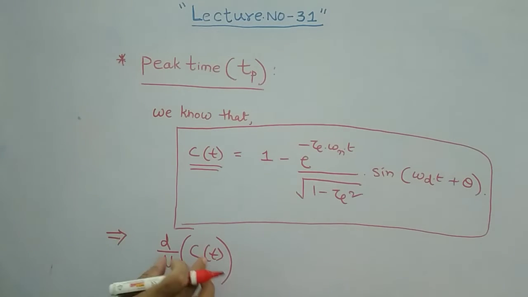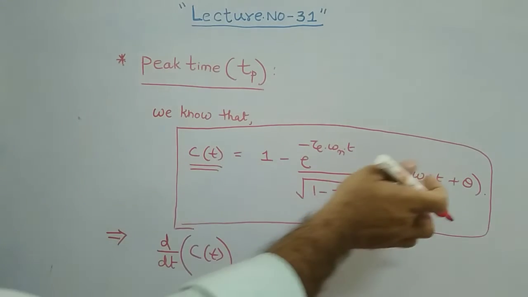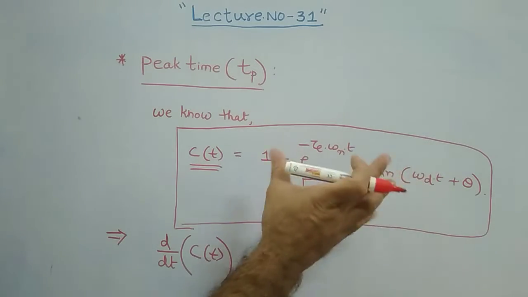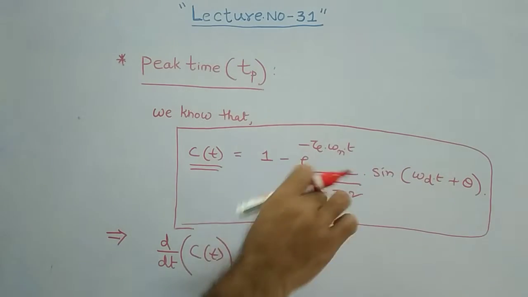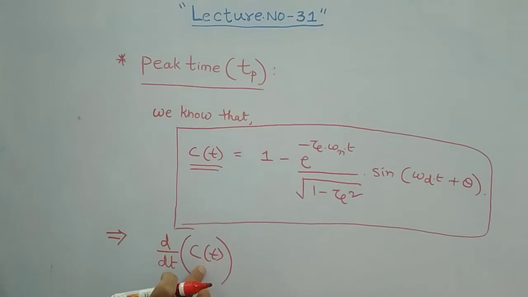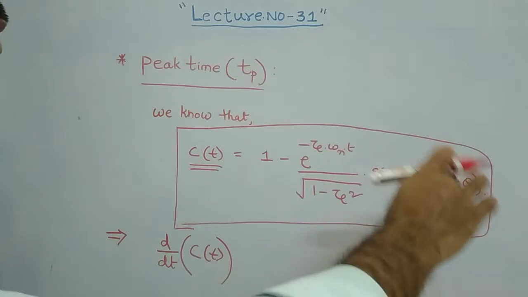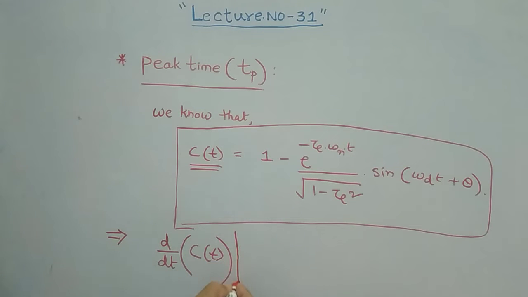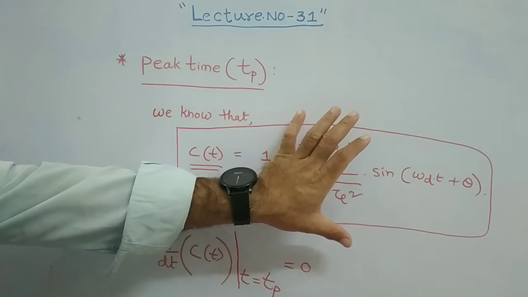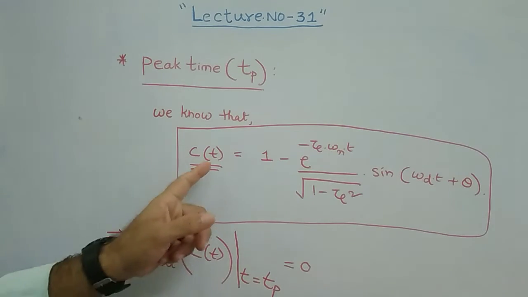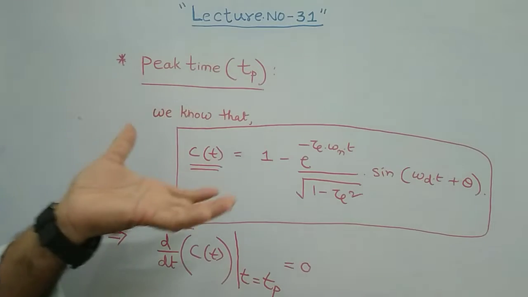You differentiate this C of t, which is the expression we have. You differentiate this entire expression, d by dt of C of t, and substitute wherever t is there, t is equal to tp, and finally equate that expression to 0.